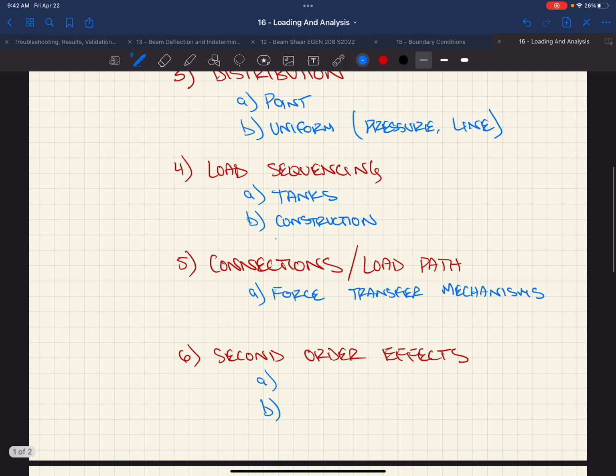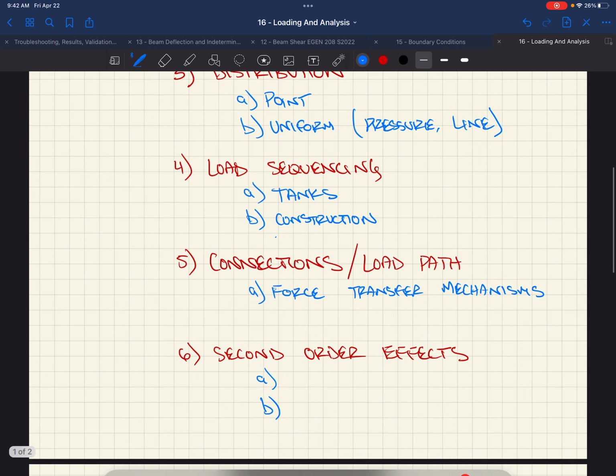What's another thing with loads? Well, second order effects. P delta, P little delta. We have code requirements we gotta consider. We think about loading. You guys are doing brace frames right now. I keep assuming you guys have done stuff and you haven't.